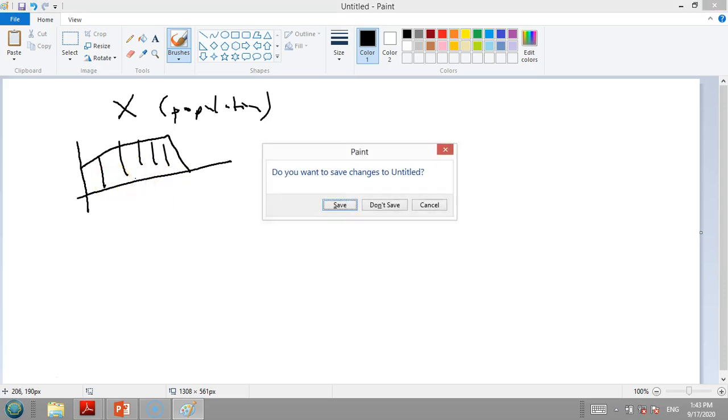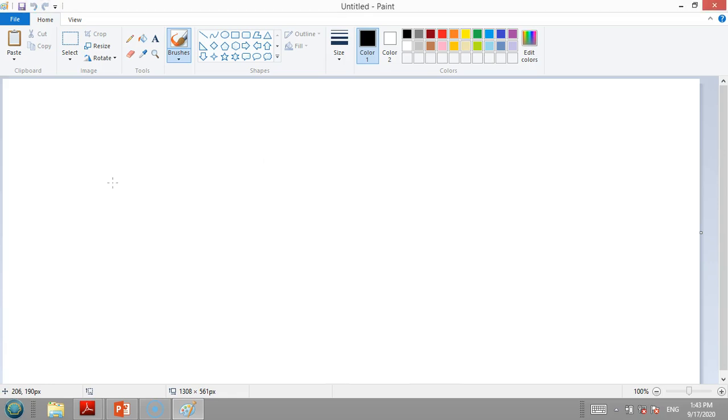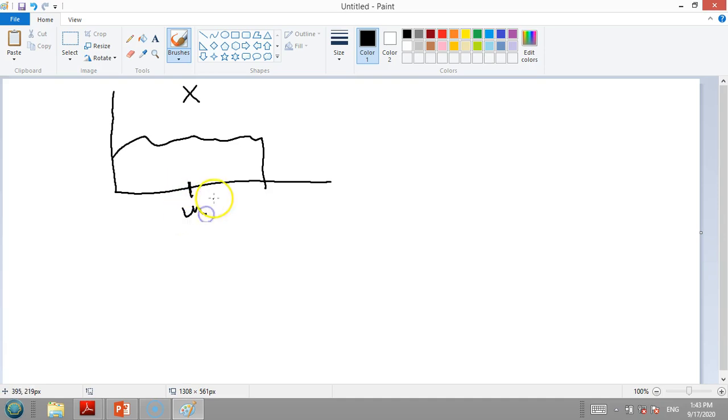Let me just draw it a little better, okay? It's going to look something like this, and it's going to have some kind of distribution. Maybe it's not completely uniform, okay? But anyway, this x is going to have some mean, and I call this mu. And it's going to have some kind of spread, or some kind of variance, okay?